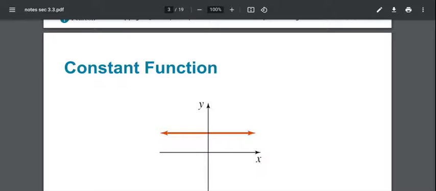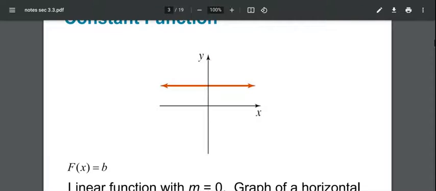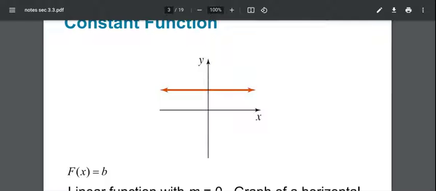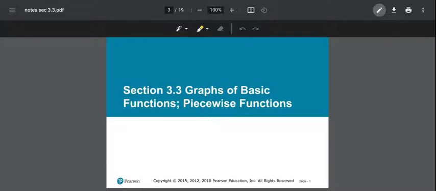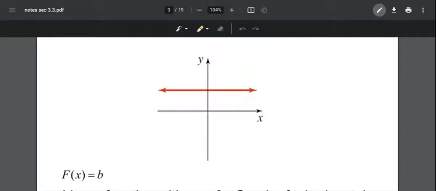So first, what you see is the graph of the constant function, f of x equal b. So here is the graph of the constant function.